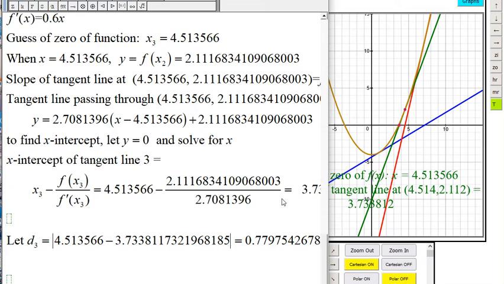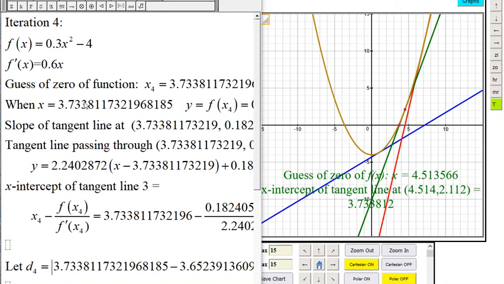And so in the fourth iteration, our guess for the zero of the function will be 3.7338. And so here's our fourth iteration. This time the guess for the zero of the function will be 3.733, which is the x-intercept of the third tangent line.